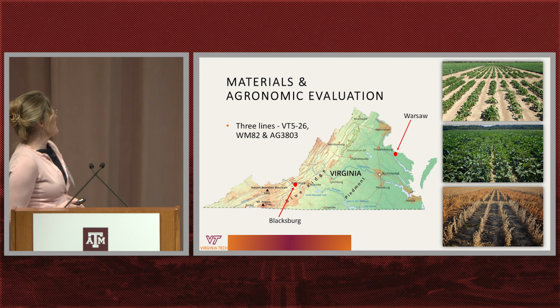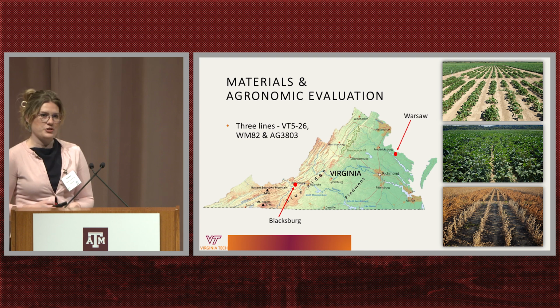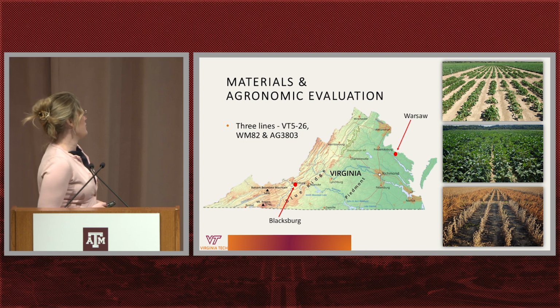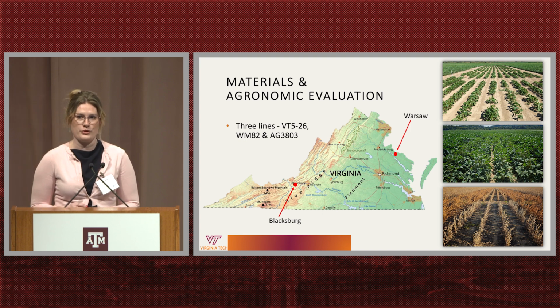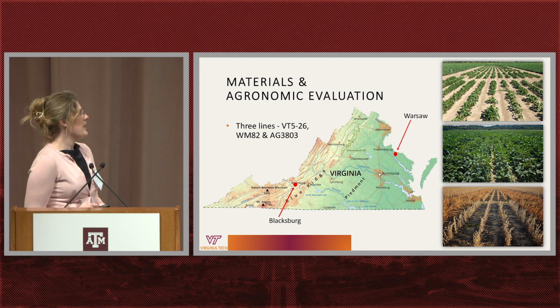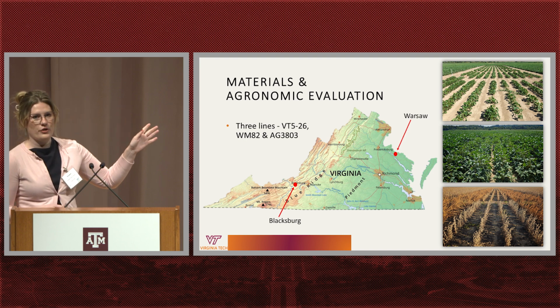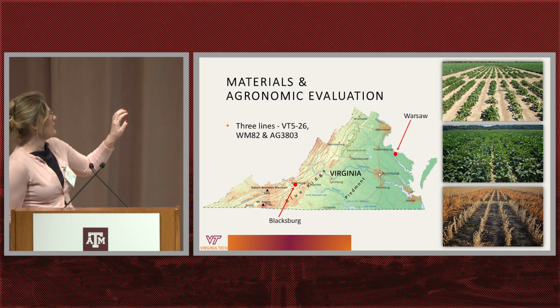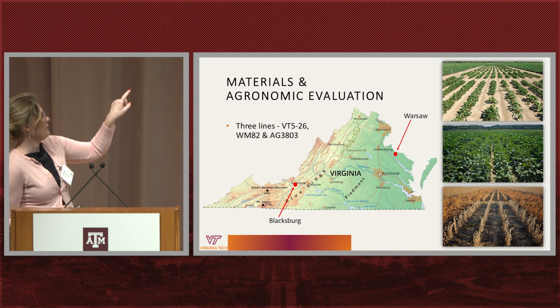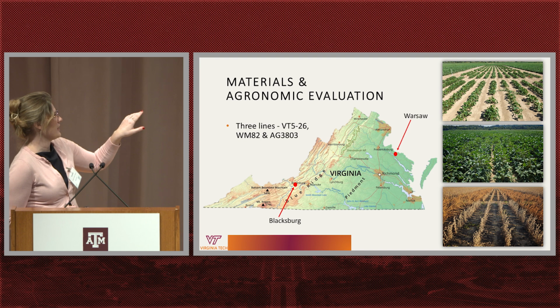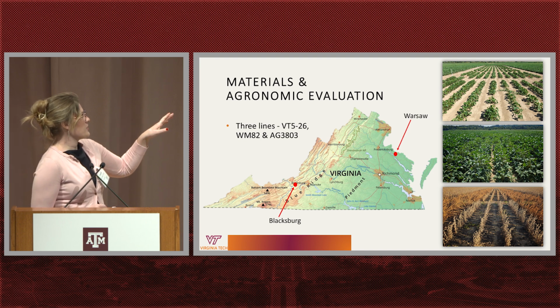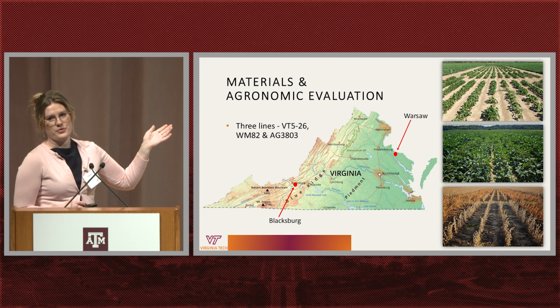And we were looking specifically, again, at VT5-26, Williams 82, and then we used AG3803 as our commercial check in the study. And the pictures there on the right, the top one is about 1 month of growth. The VT line is the second one, if you're looking towards the back of the image, second plot. The middle is approximately 2 months of growth in the field, and then the last was right before harvest.